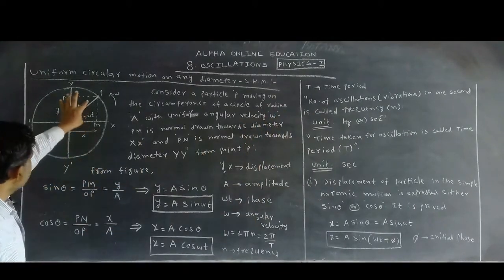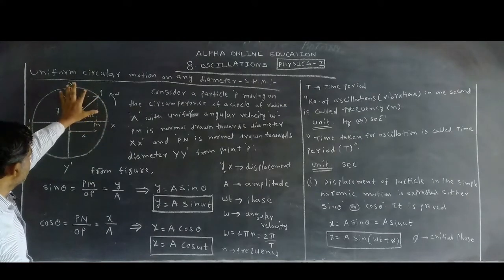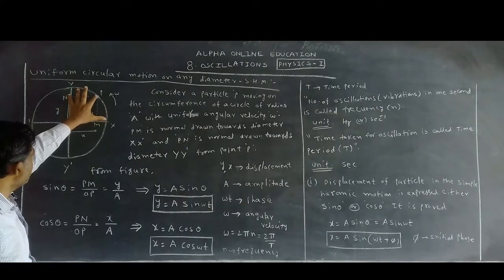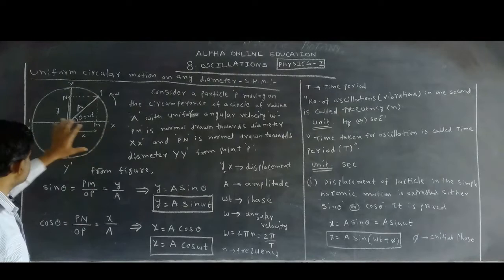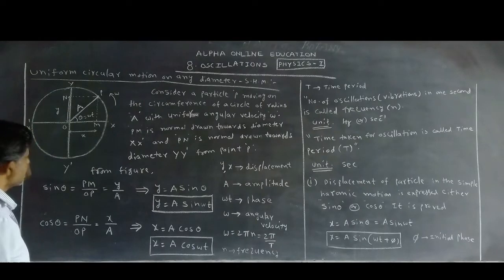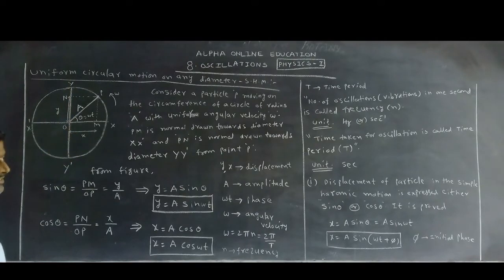Now, this is the particle on the circumference of the circle, the particle is located here. From this point we want to take one normal towards x dash. What is x dash? Diameter of the circle. Y dash is also a diameter of the circle.